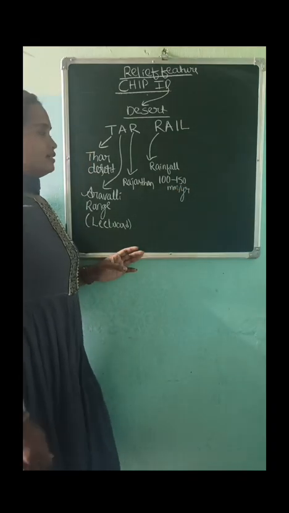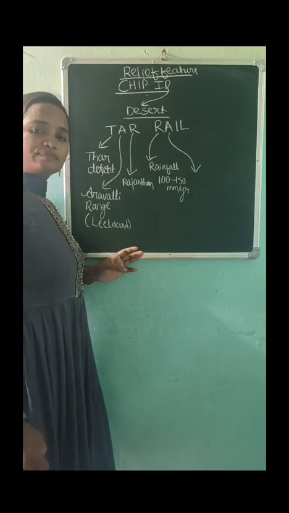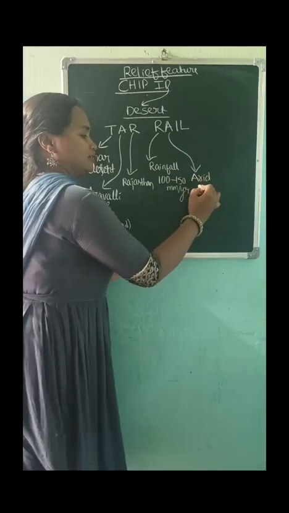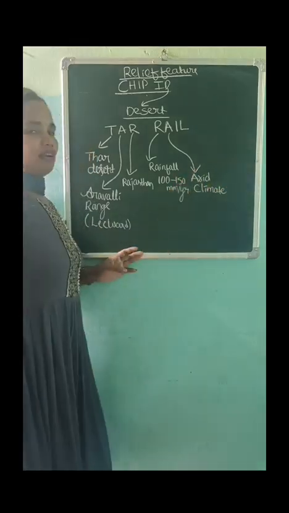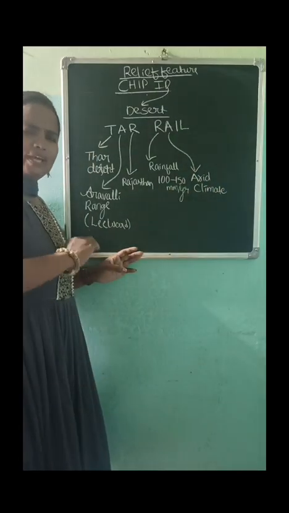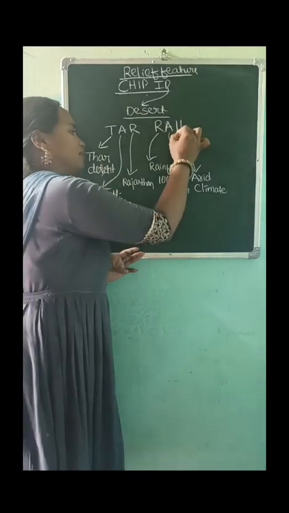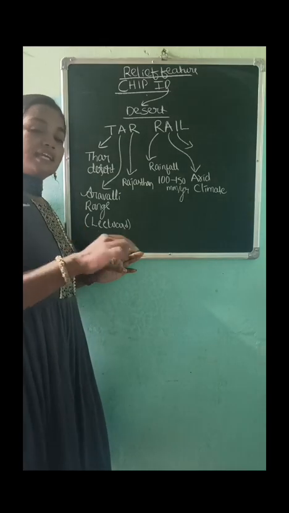Next, the second D stands for arid type of climate. What is the climate in the Thar Desert? Arid climate, that means very dry and very hot. I stands for Indira Gandhi Canal.